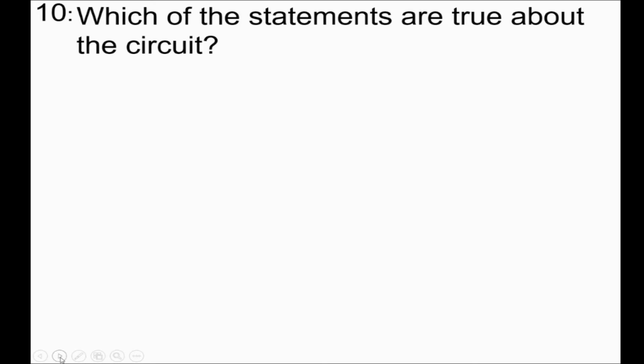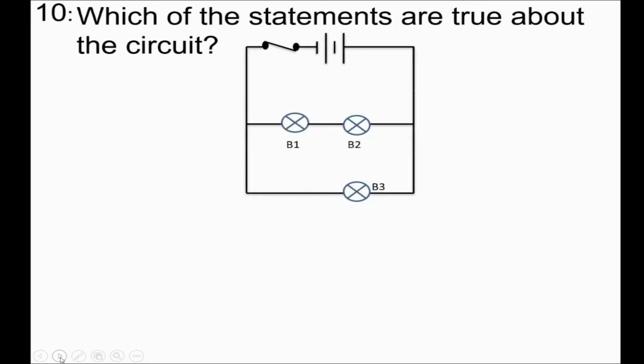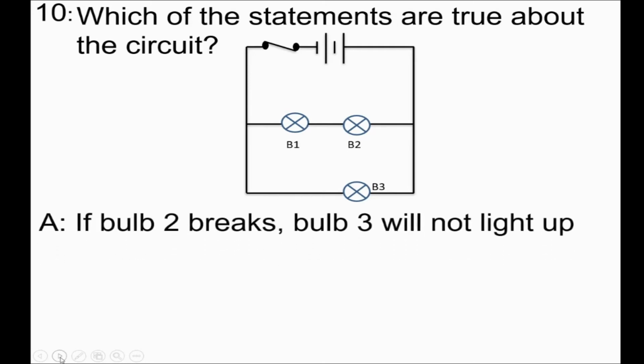Question 10 says, which of the statements are true about the circuit? So we are going to need two answers here. This is a circuit, a parallel connection. 3 bulbs, 1 switch, and 2 batteries. Option A says, if bulb 2 breaks, bulb 3 will not light up.